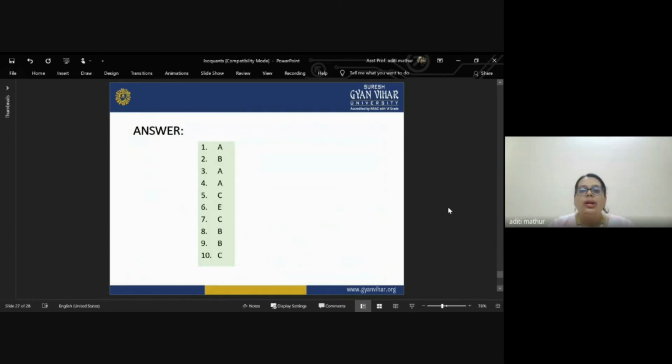The correct answer for question number 1 is option A. For question number 2, the correct answer is option B. For question number 3 and question number 4, the correct answer is option A. For question number 5, the correct answer is option C. For question number 6, the correct answer is option E. Question 7, the correct option is option C. Question number 8 and question number 9, the correct answer is option B. And for question number 10, the correct answer is option C.